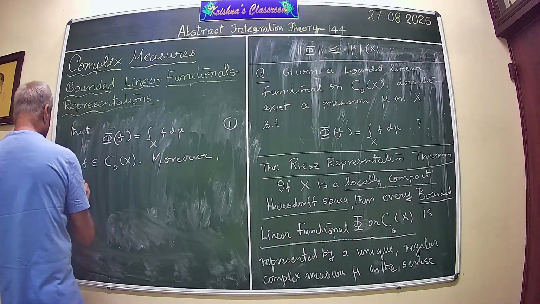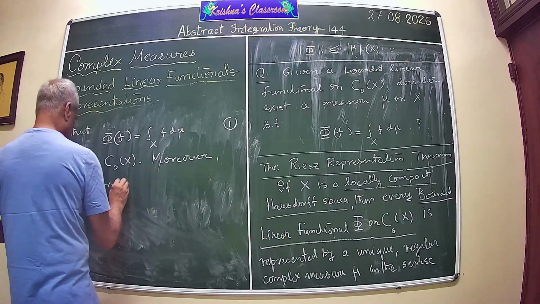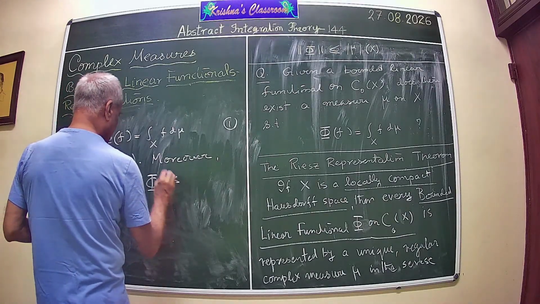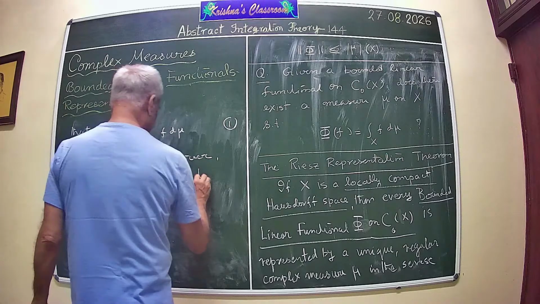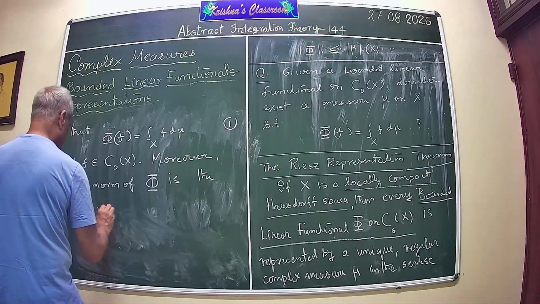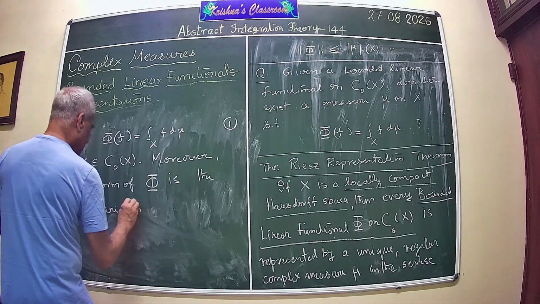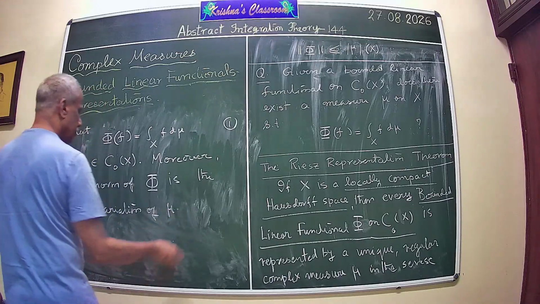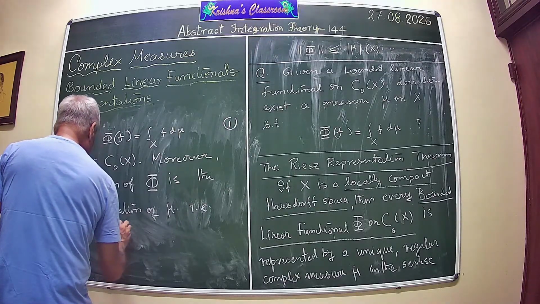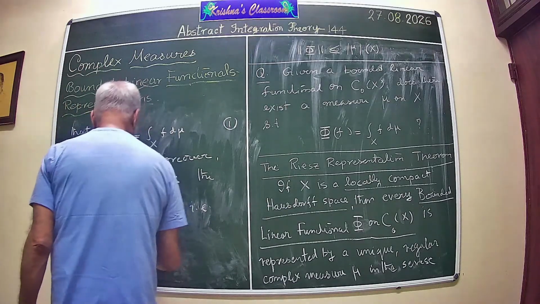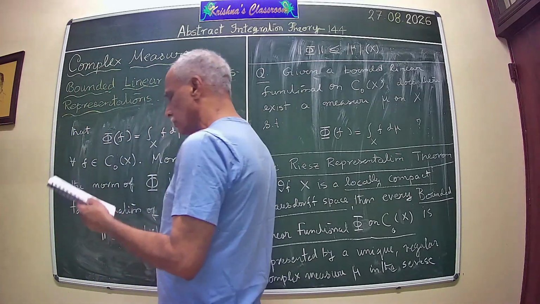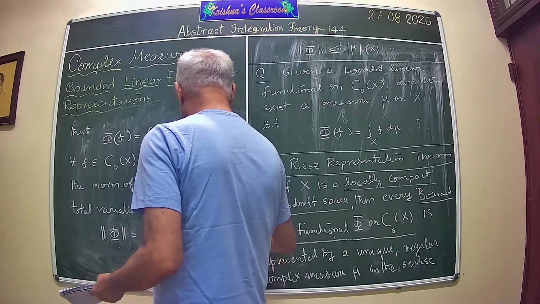The norm of phi is the total variation of mu. So that is the statement of the theorem.